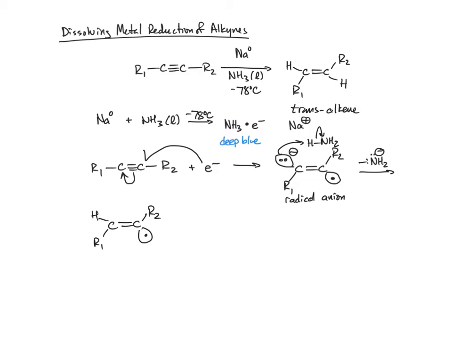We lose that, and then we're forming this radical. A radical is an electron deficient carbon, obviously. So another equivalent of electron comes along to pair up.